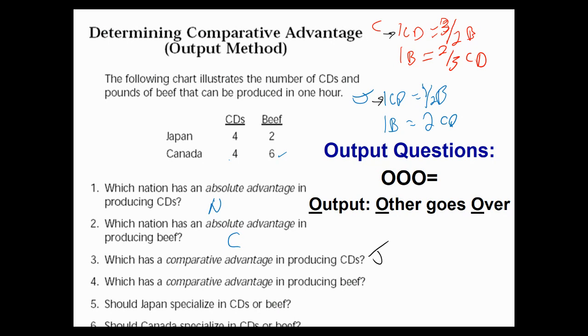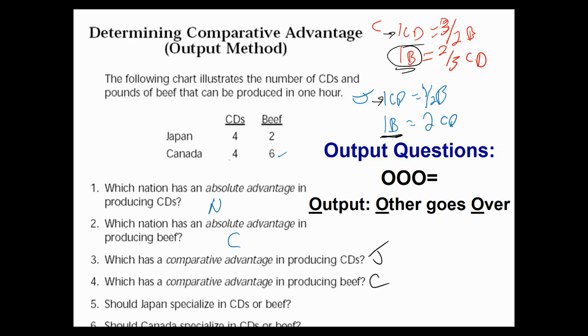Well, if we know Japan has it in CDs, then the other country should have it, but we'll go ahead and compare. So beef here to beef here. For Japan, beef costs them 2 CDs, and for Canada, beef costs them 2/3 of a CD. So we know that Canada is better at making beef. That would be Canada.